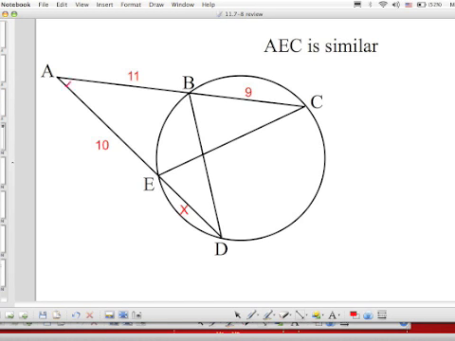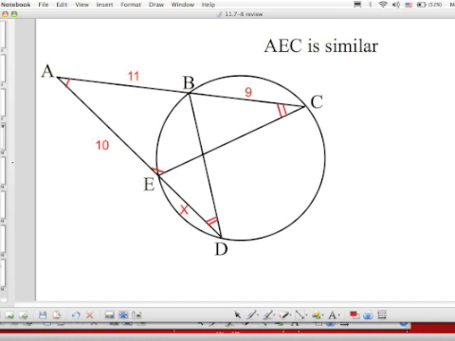Well, the first thing we see is that angle A equals itself because of the reflexive property. Angle D is an inscribed angle intercepting arc BE, and angle C is another inscribed angle intercepting arc BE, which means those two angles would be equal to each other.